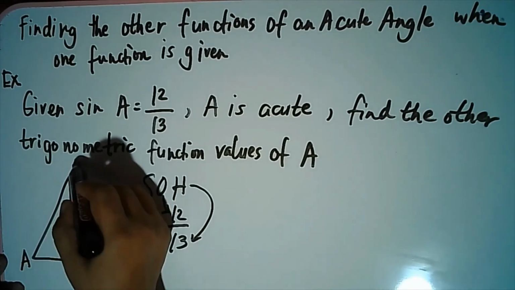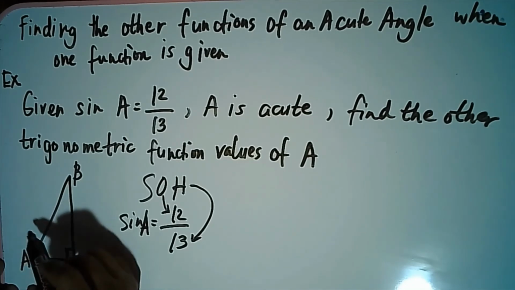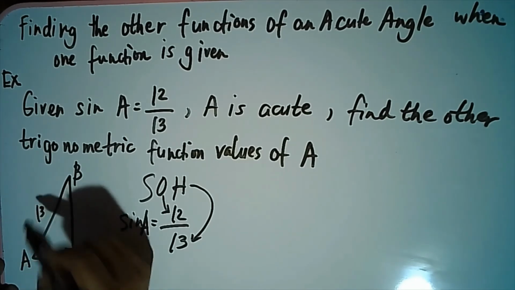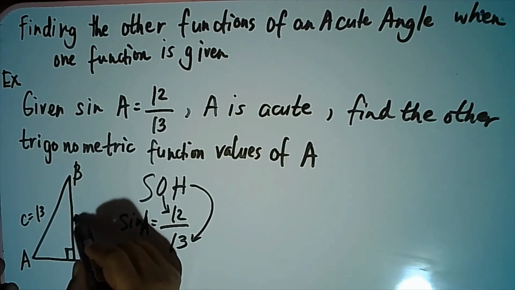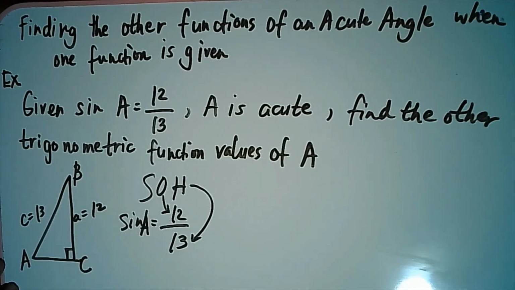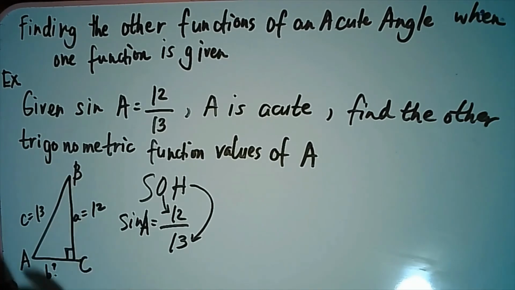So we can label the triangle as this one. The side opposite to angle C, the hypotenuse, is 13. And the side opposite to angle A is 12. So the missing side is b, or the side opposite to angle B.